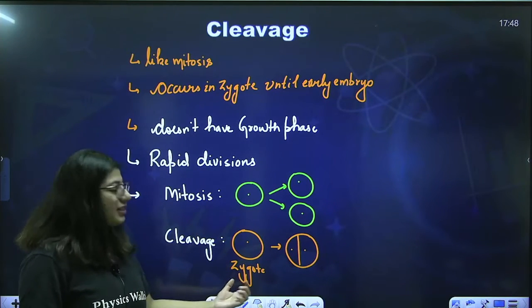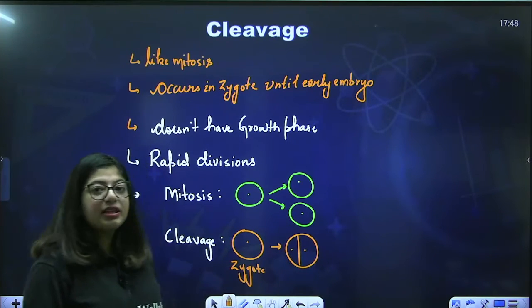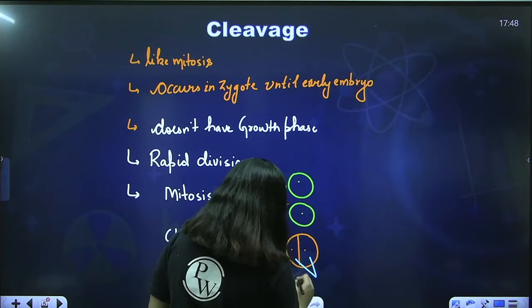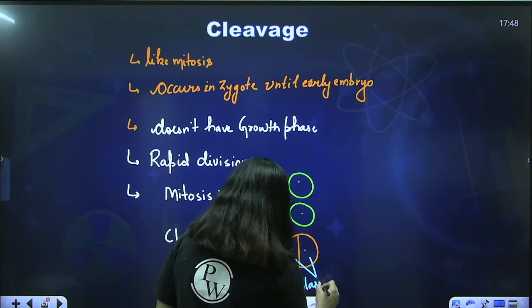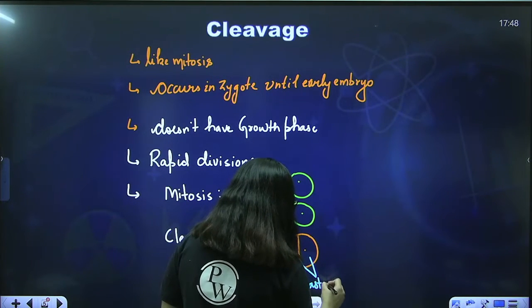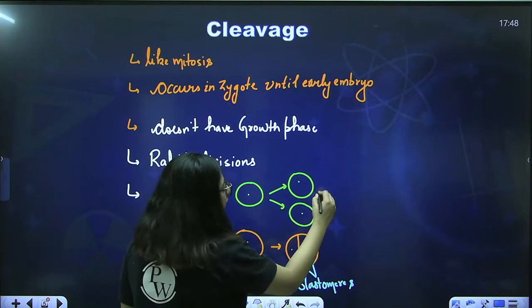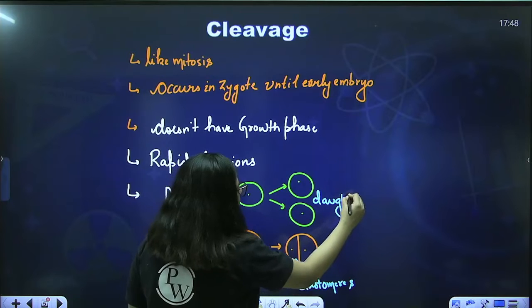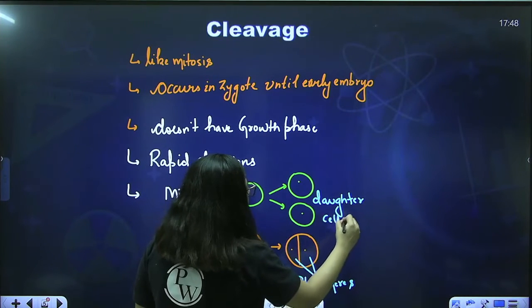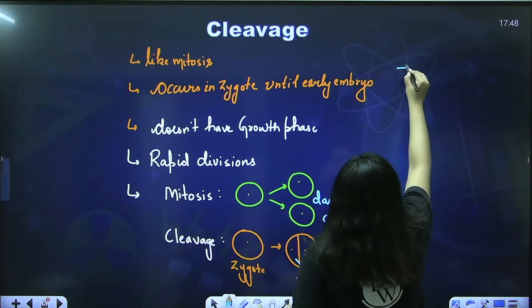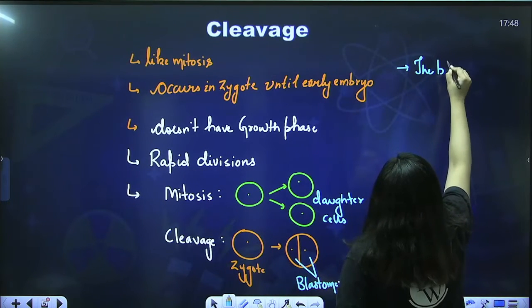Here the mother cell is the zygote and the daughter cells are known as blastomeres. In mitosis they are daughter cells; here they are blastomeres.